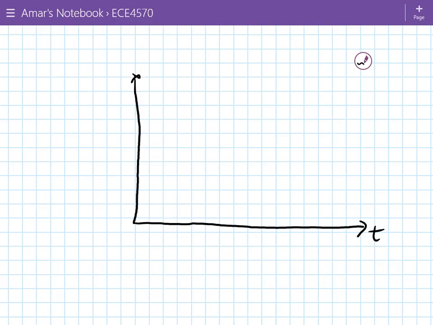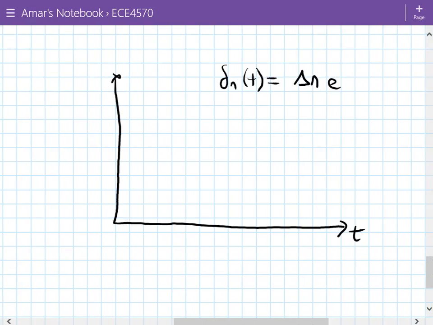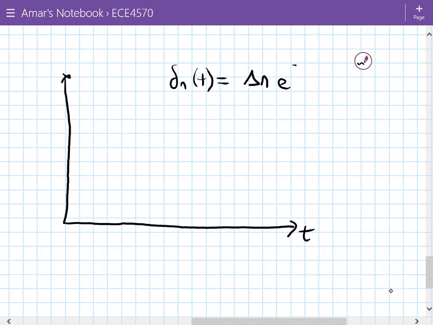We have delta n of t equals delta n e to the negative t divided by tau. What does this equation look like if we graph it? This is delta n, and on the x-axis we have t. What does that look like? Yes, inverse exponential, like this.